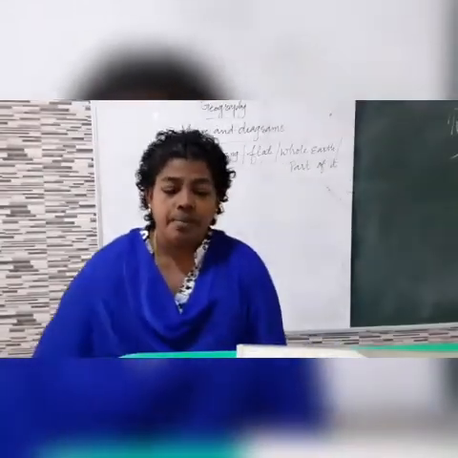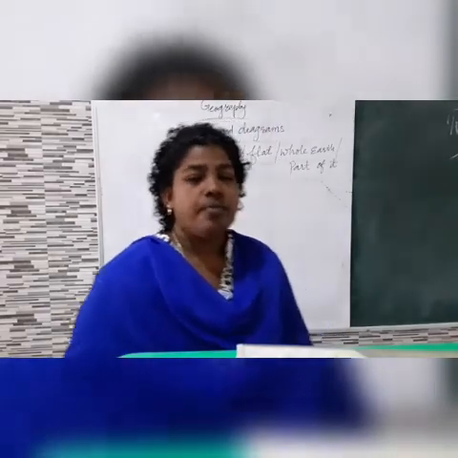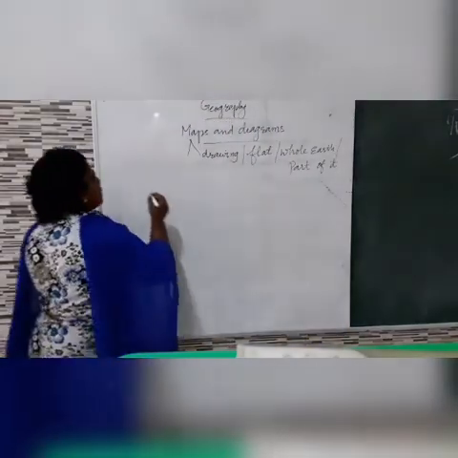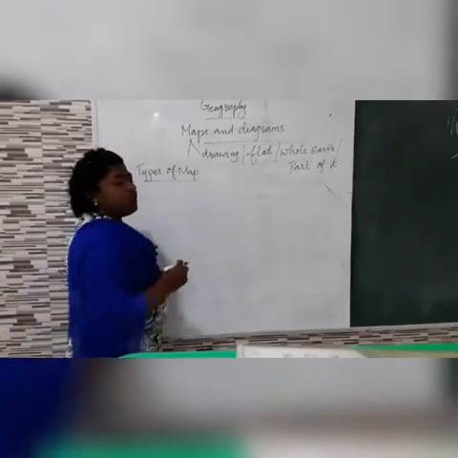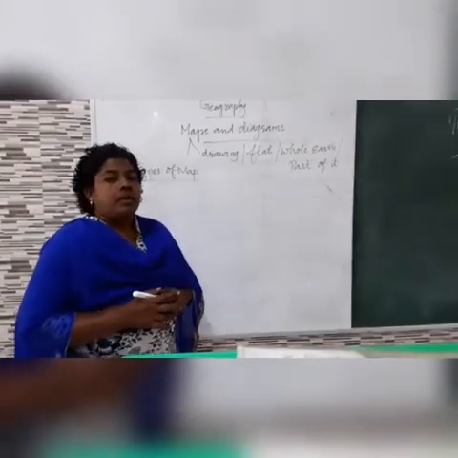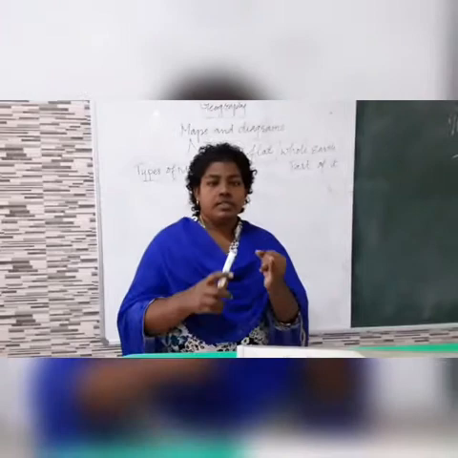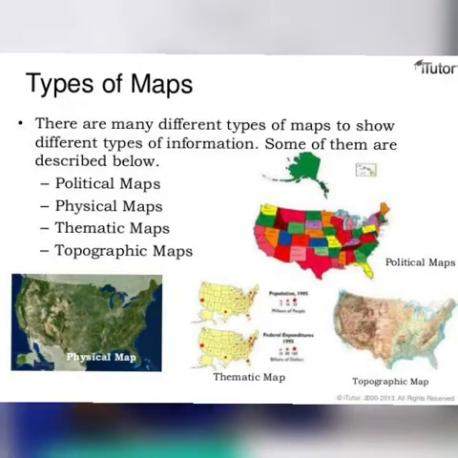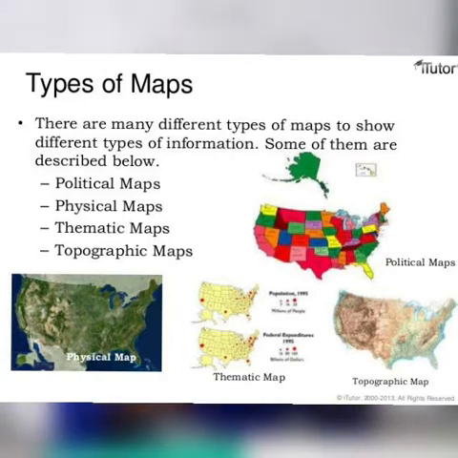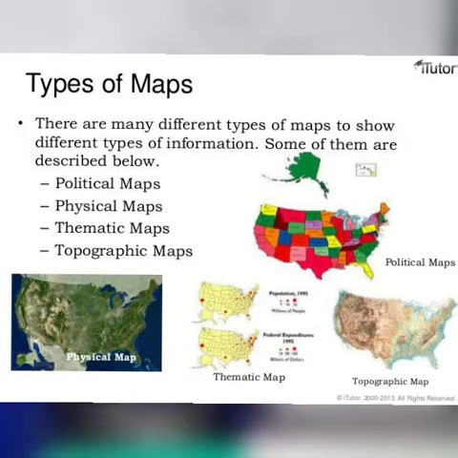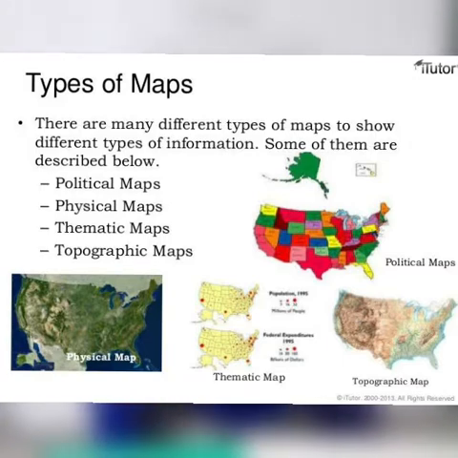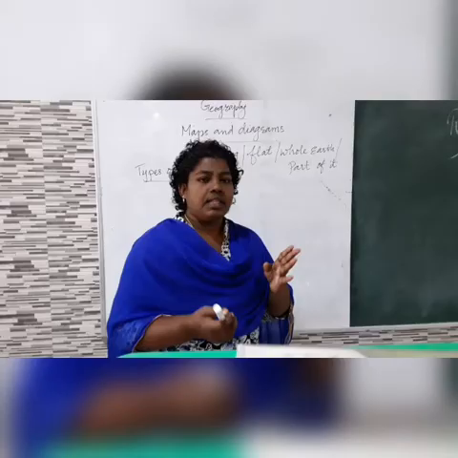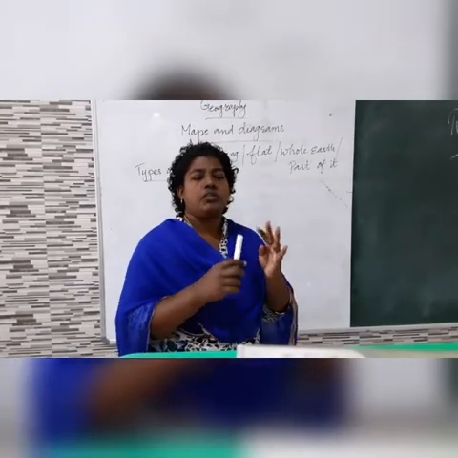Now coming to maps. How many types of maps are there? Can you say? Physical map, political map, thematic map and topographical map. There are other maps also.